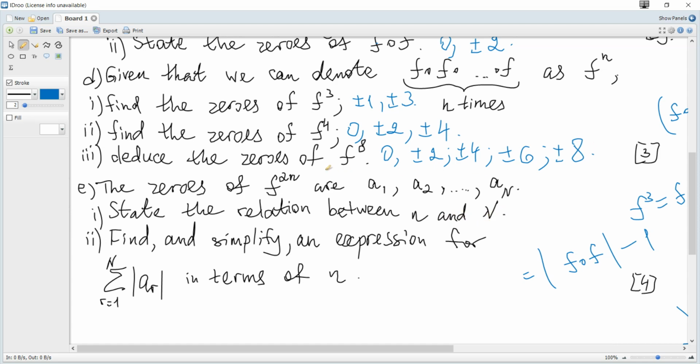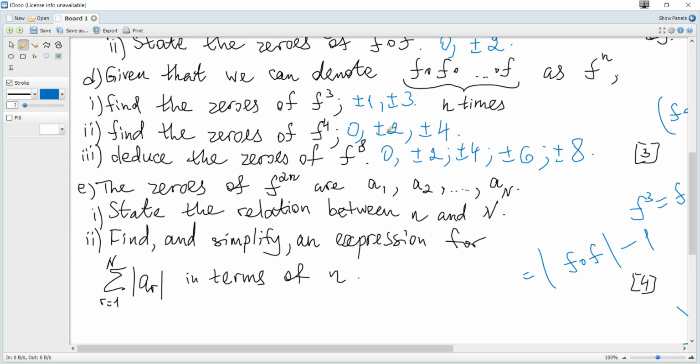For example, let's consider F8, or F4, it doesn't matter, and we can see that since for each there is plus minus, for F8 there are 2, 4, 6, 8 plus 1, 9 zeros.